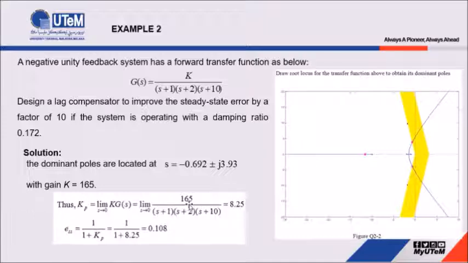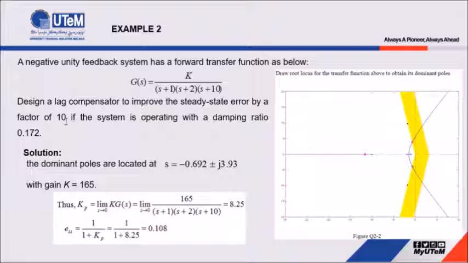After we solve, we get Kp is equal to 8.25. Based on this value of Kp, we use the formula ESS equal to 1 over 1 plus Kp. And then we get the ESS for the uncompensated system is 0.108.